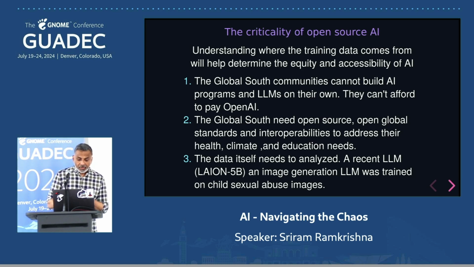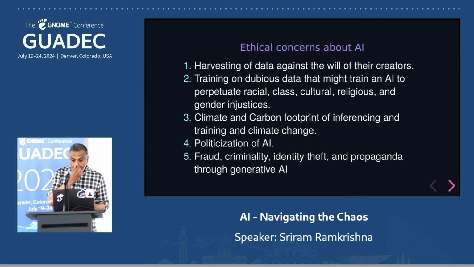So we also need to know how the data is analyzed, where it's coming from. There was a recent one that was trained on child sexual abuse images, right? So these are crazy things that we need to figure out, and that's where this debate comes in.